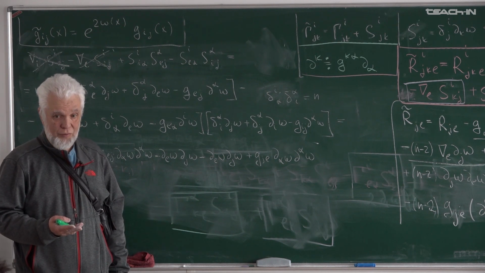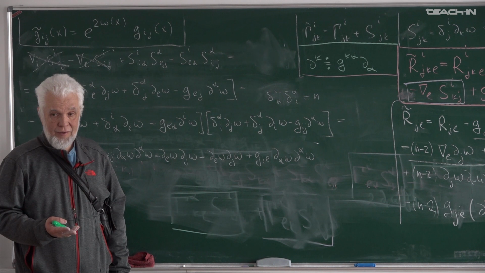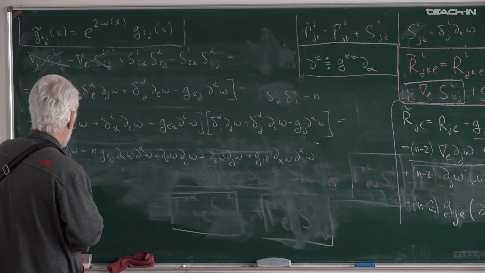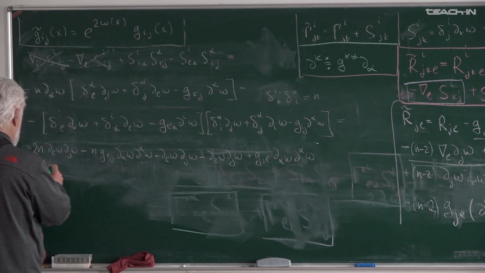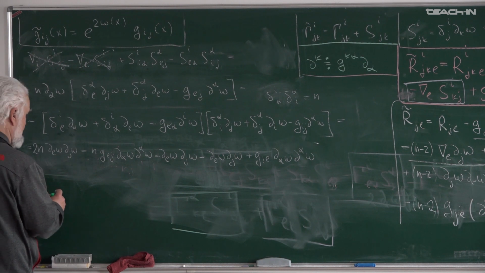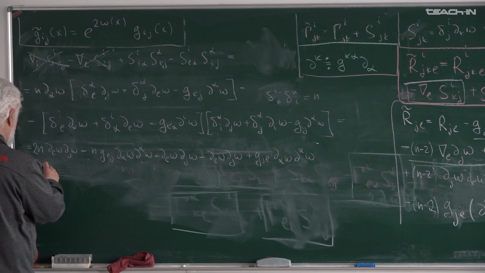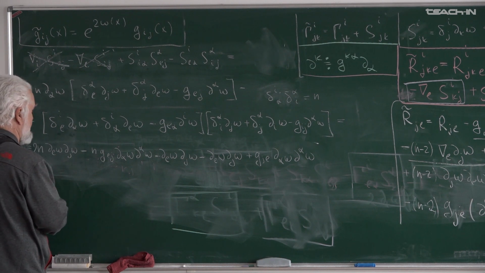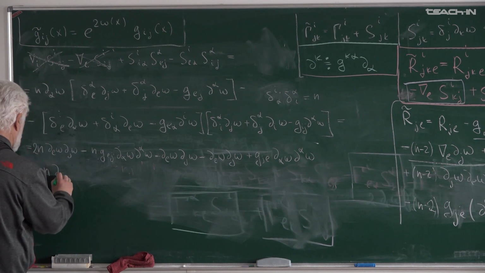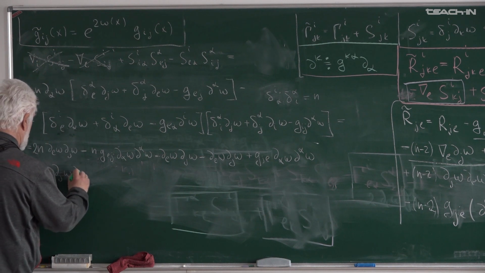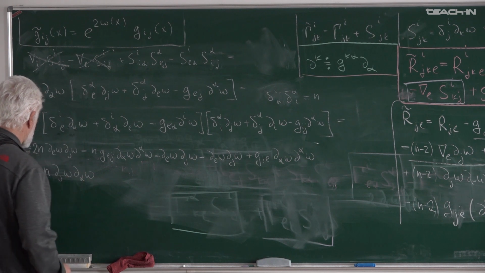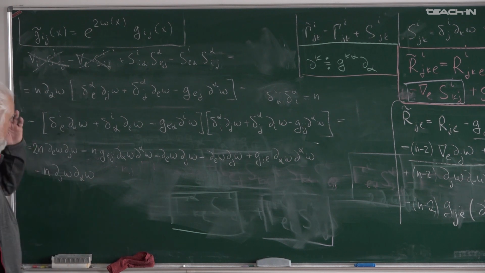N of them is equal to 1, and all others are equal to 0. Minus n alpha omega.